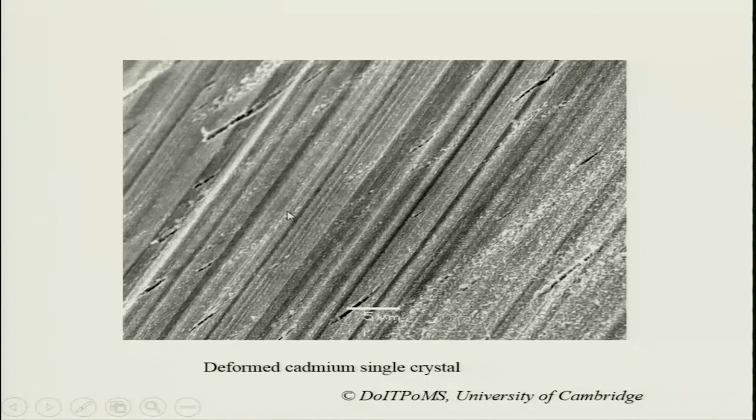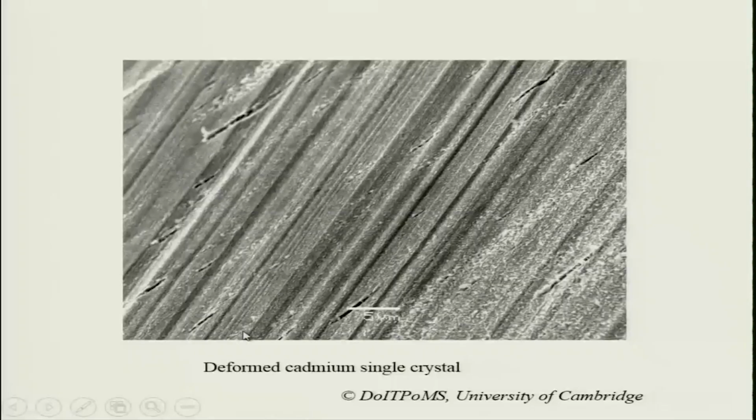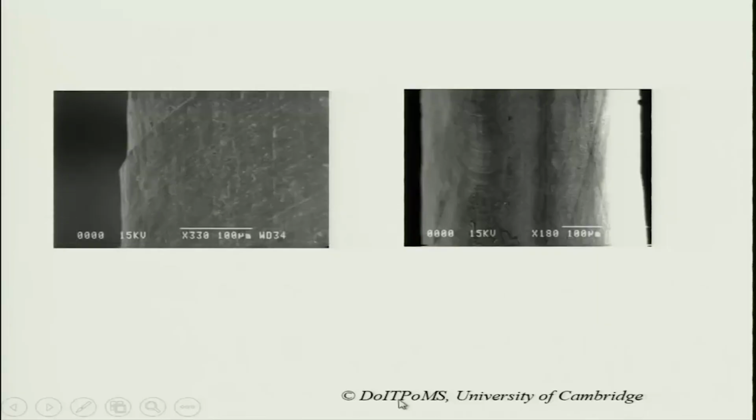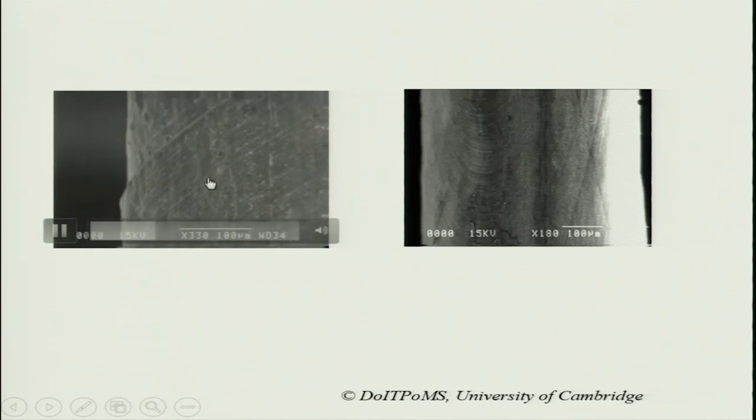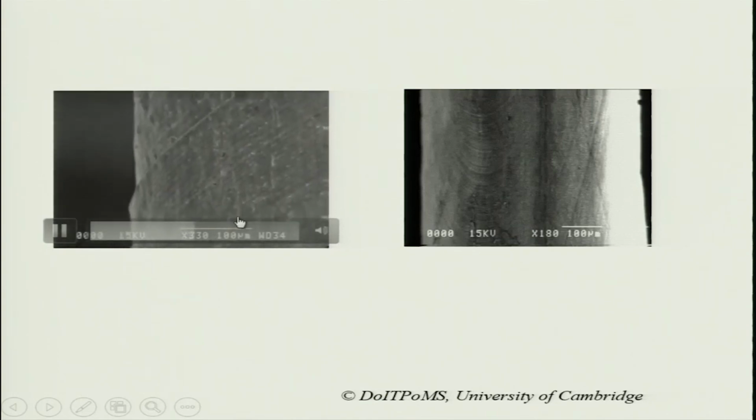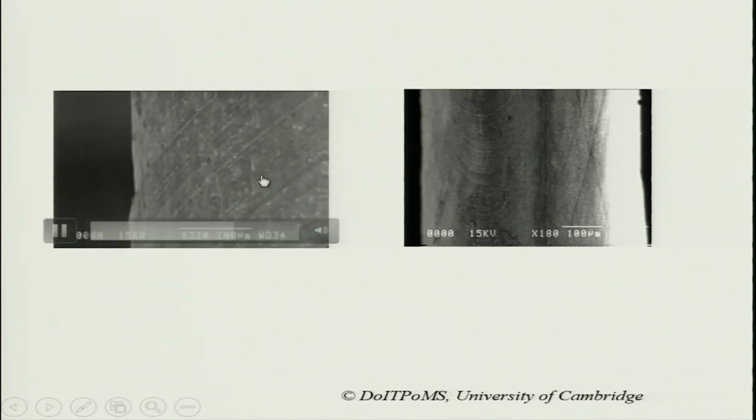I'll show you a video of how it happens, the microscopic phenomenon of slip viewed live under the scanning electron microscope. Again, these videos are taken from doitpoms.ac.uk, University of Cambridge website. You can see the crystal being deformed, and the formation of steps on the surface of the single crystal very clearly.